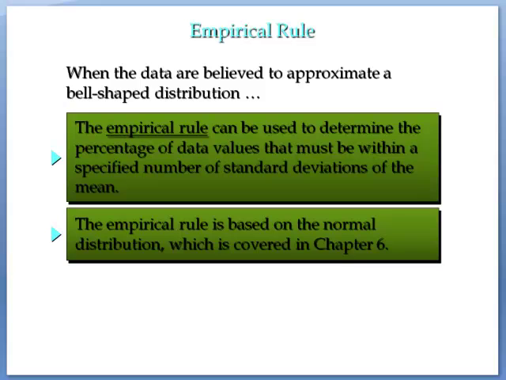Why does this matter? Because most data, by observation and by assumption, follow a bell-shaped distribution, which is a symmetric distribution. We can then use the so-called empirical rule to determine how many data points, what percentage of the observations will be within a certain number less than or greater than the mean. We will cover this more fully in chapter 6.